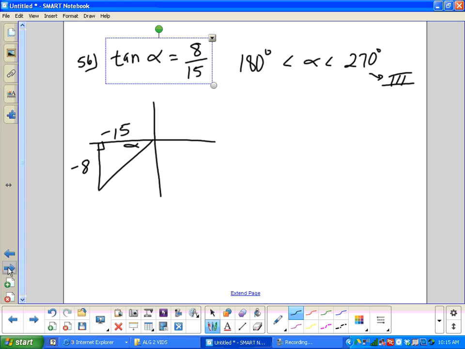Okay, now do some calculations and find the hypotenuse for me. I'm pretty sure it's 17, but I want you to make sure. So 225 and 64 is 289. The square root of 289 is 17. Okay.